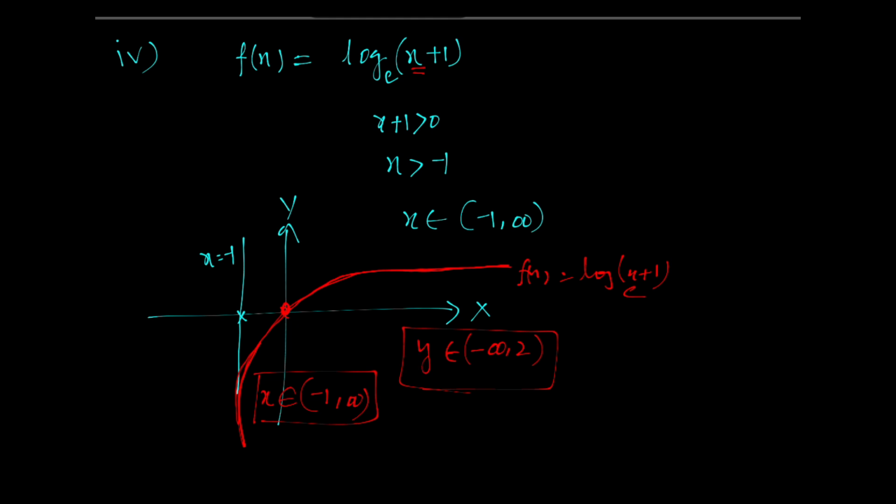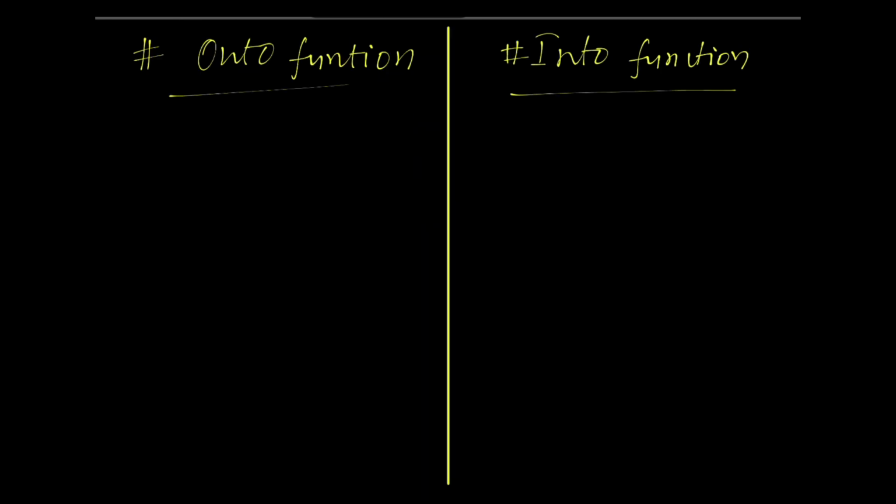From here we'll start the next concept. Let's have a look at the further concept, that is onto functions or into functions. A function is said to be onto if and only if the range is exactly equal to the codomain, which means the size of the range equals the size of the codomain.